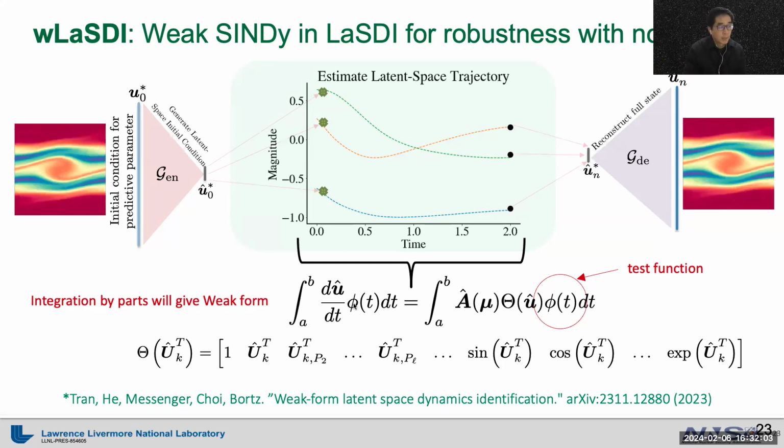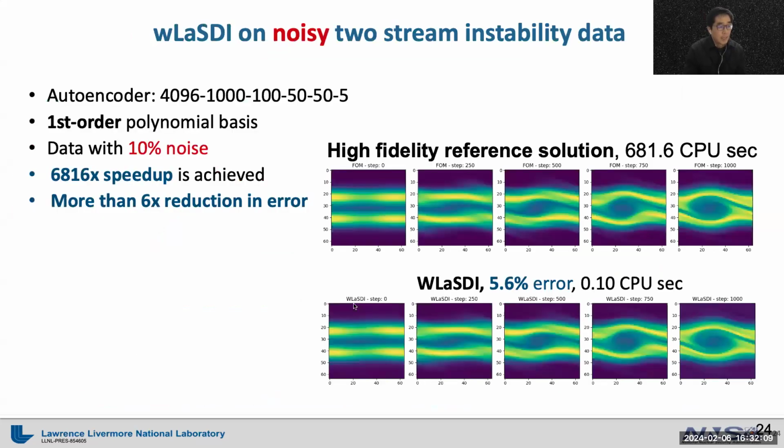If you apply this weak form of SINDy, weak SINDy, even though you have noisy data, you can achieve not only a great speedup like 6,816, but also more than 6 times reduction in error, achieving a relative error of 5.6%. And in comparison, the reference clean data and the prediction by this weak SINDy is almost identical.